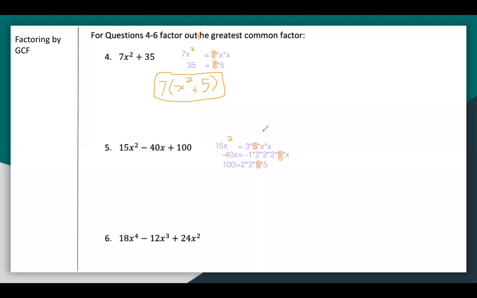And so after we factor out a 5, I can say, well, 15x squared is 5 times 3x squared, minus 40x is 5 times 8x, plus 100 is 5 times, oops, not 5 here. I went a little bit ahead of myself. It's 5 times 20. And again, we get these numbers 20, 8x, and 3x squared by looking at what's left over.